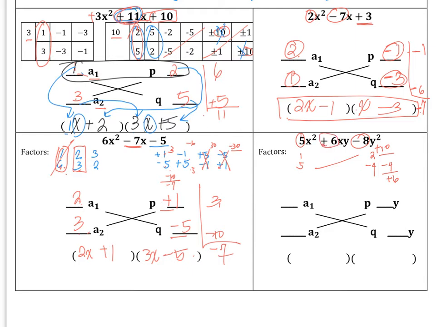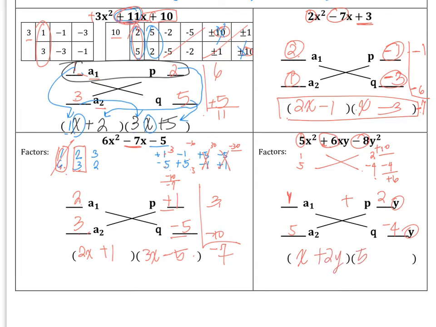And 1, 5, and 2 and negative 4 are your magic cross pairs. Okay, and don't forget the second variable y. So your binomial factors would be 1 times x plus 2y.